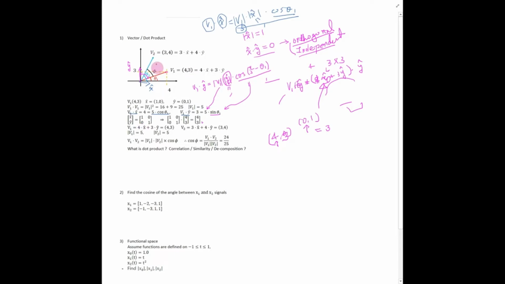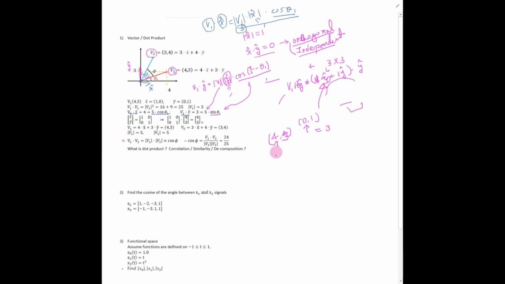Okay, now we would like to take the dot product of v1 and v2. That will give 3 times 4, 4 times 3. That is obviously 24. You know that v1 dot v2 can be calculated by the x component, and you know that the xy cross component goes to 0.